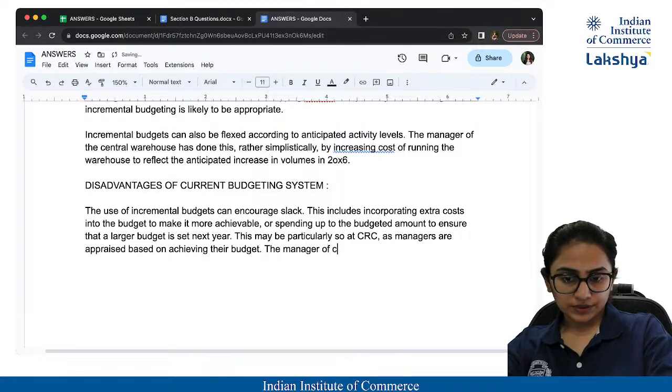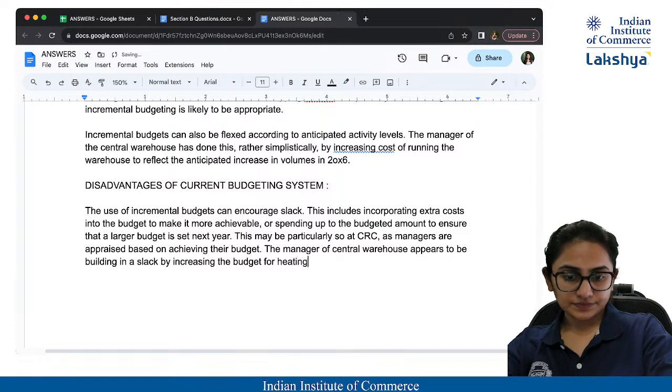The manager of the central warehouse appears to be building in a slack by increasing the budget for heating and lighting when the general rate of inflation is 0.